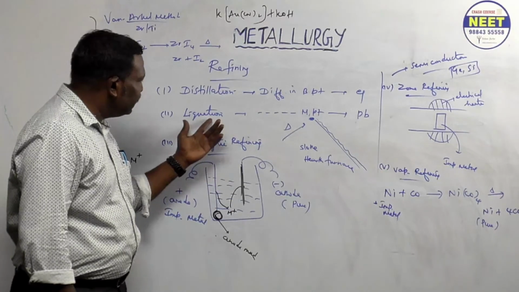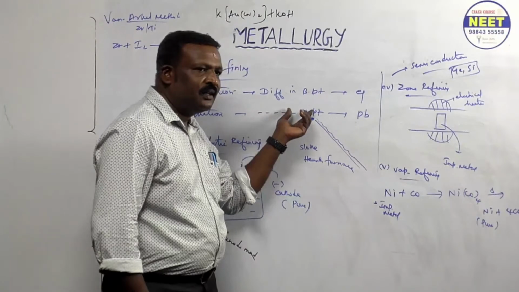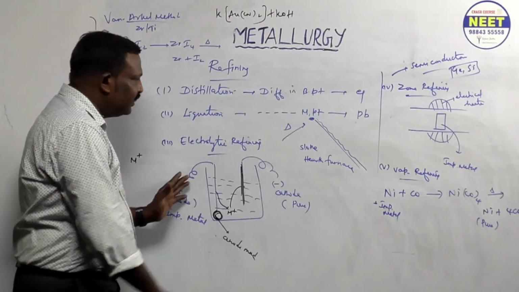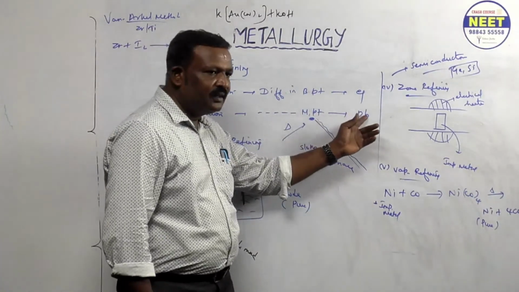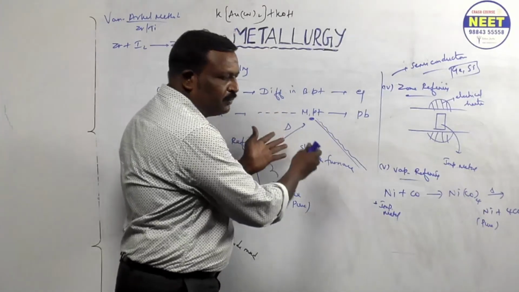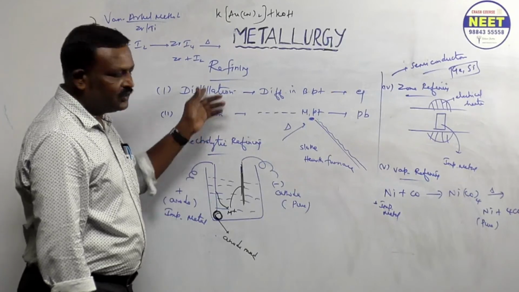But here, other than lead, some other metal is present in small amount. If you want to separate it, we are doing liquation. So different methods are there.